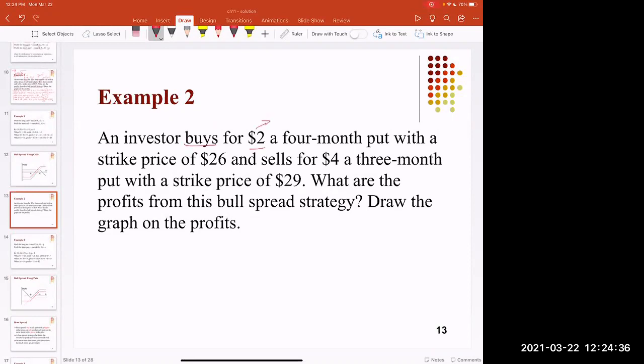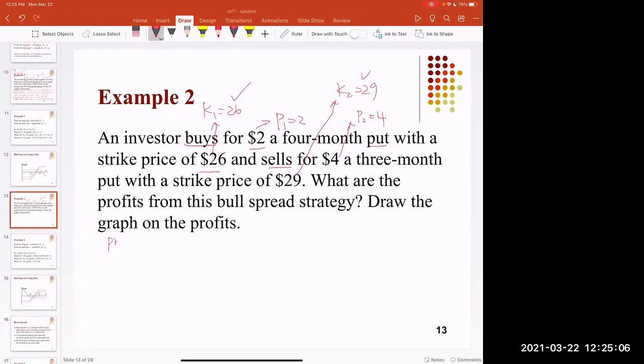This is the put, so this is P1 equal $2 with the strike price K1 of 26, and the sell, so take short position, P2 is $4 and K2 is 29. So you see buy low and sell high strike price. So this is the bull spread strategy. What is the profit for this strategy, and draw the graph for the profit.